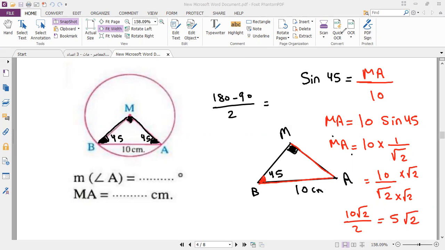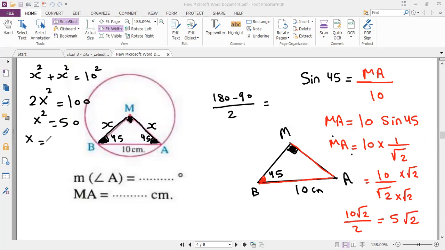Or we can use Pythagoras. How can we use Pythagoras? We can write here x and x because they are the same. They are two radii in the circle. And x to the power of 2 plus x to the power of 2 equals 10 to the power of 2. So 2x to the power of 2 equals 100. Then divide by 2 on both sides, so x to the power of 2 equals 50.